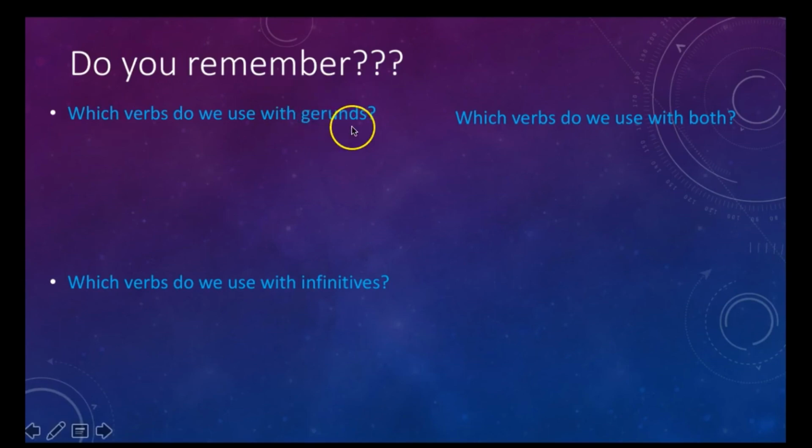So let's begin with gerunds. We can use enjoy, avoid, finish, dislike, feel like, and don't mind.